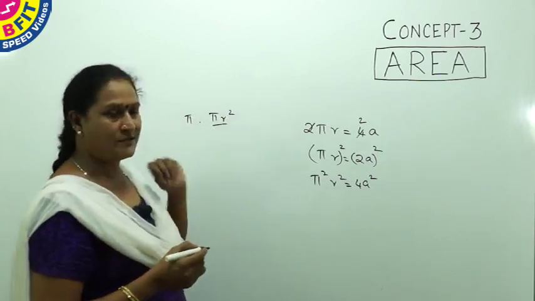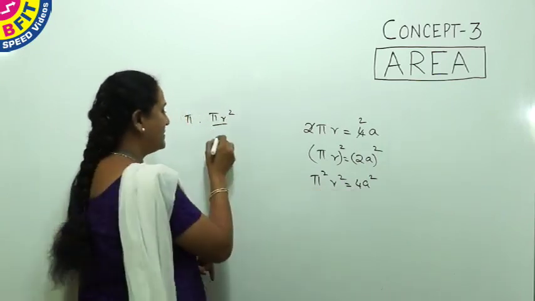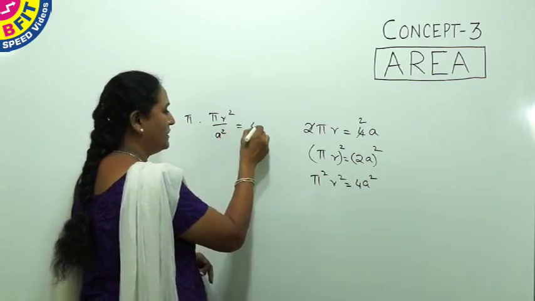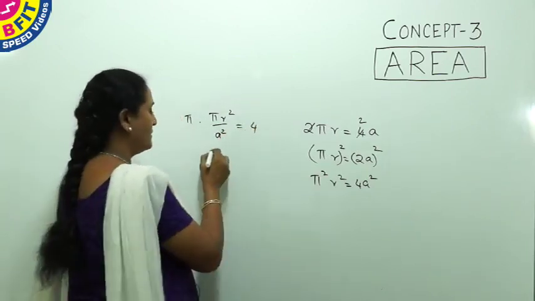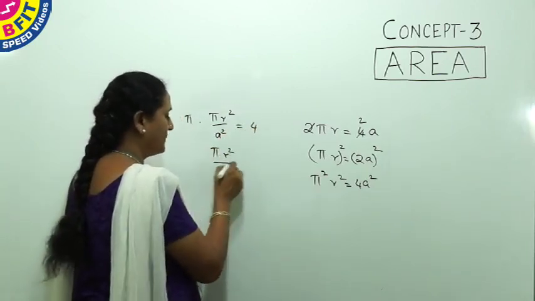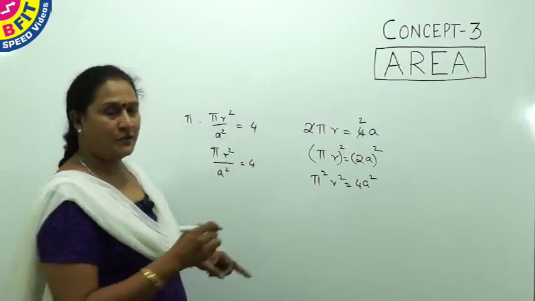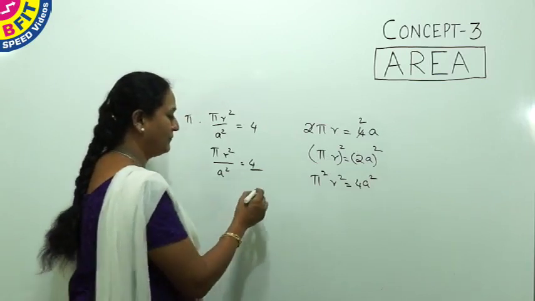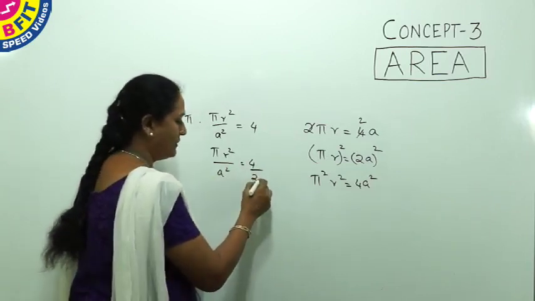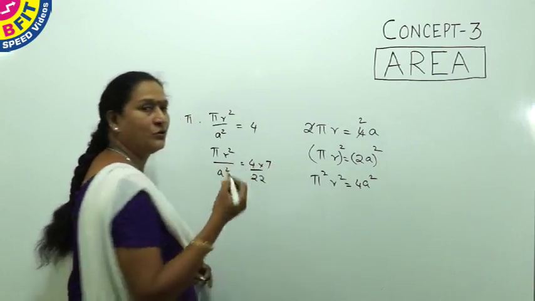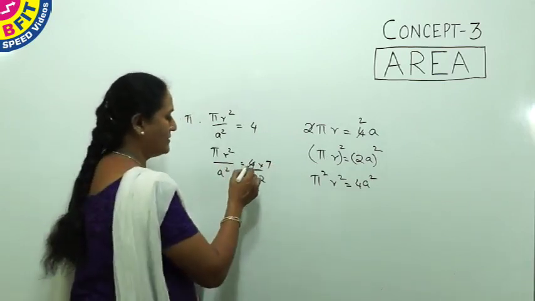So pi r square is the required one, and this a square is sent to the denominator, which is equal to 4. So now pi r square by a square equals 4 by pi, and this pi is sent to the denominator. Our pi value is 22 by 7, which goes to the numerator. Now cancelling this.